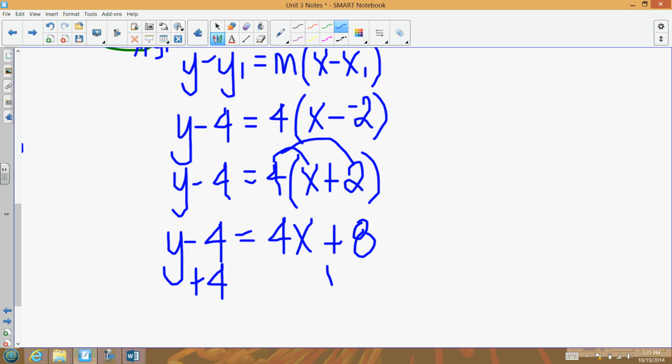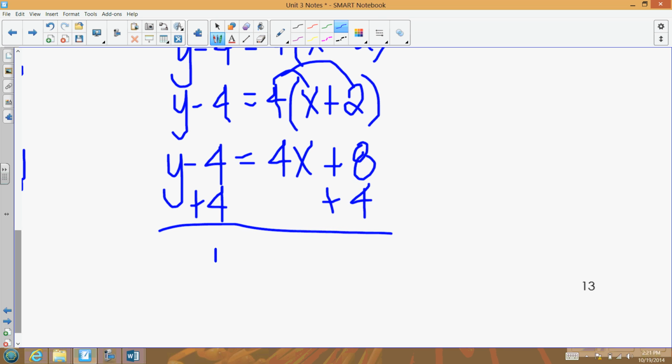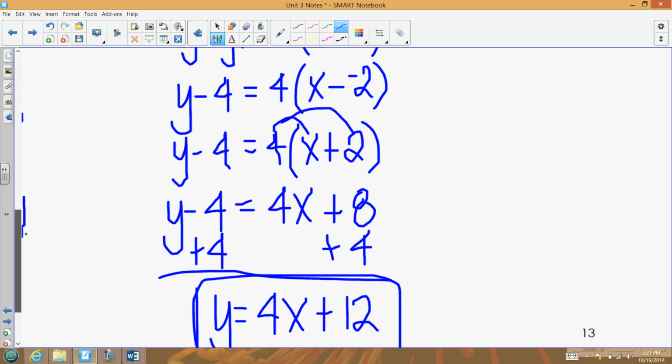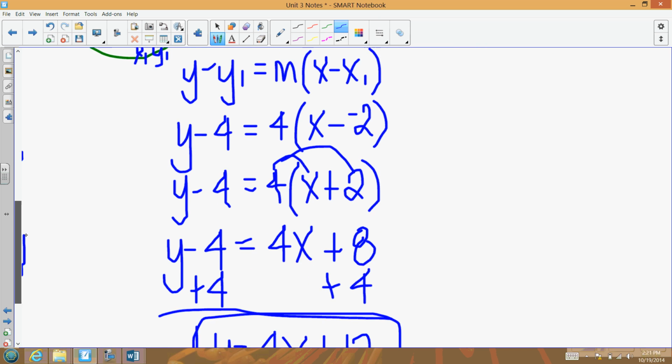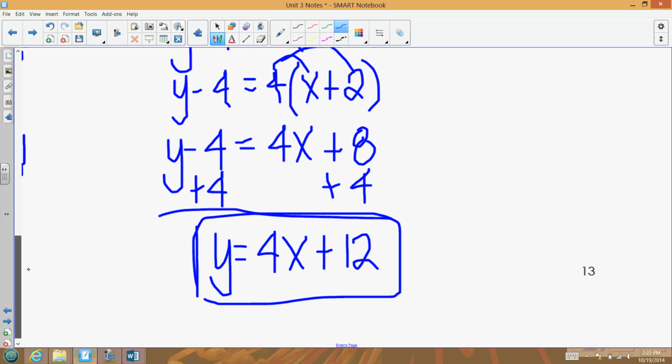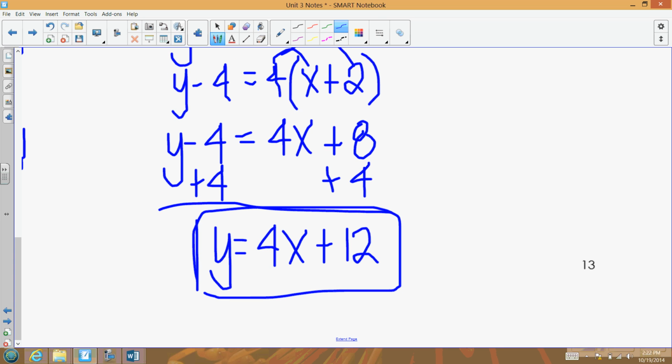Add the 4 to both sides. So we have y equals 4x plus 12. So this is an equation of a line that's parallel to this given line, 4x plus 5, and it passes through the point negative 2, 4. So since we plugged in the point negative 2, 4, we guaranteed that that point will lie on this line. We made it a solution to the equation.